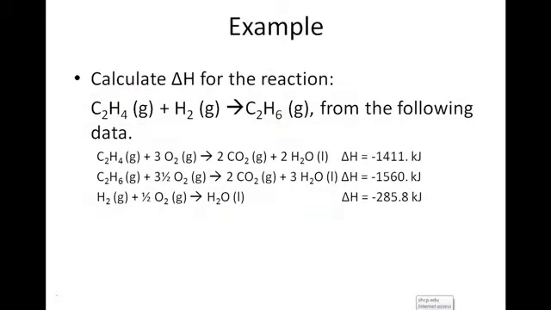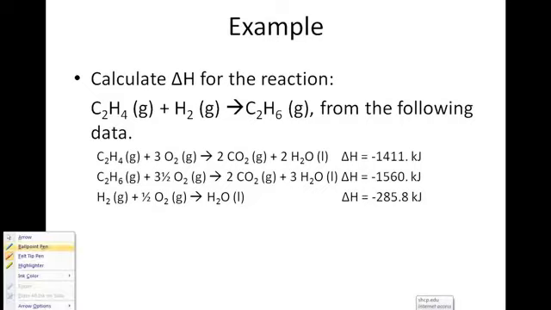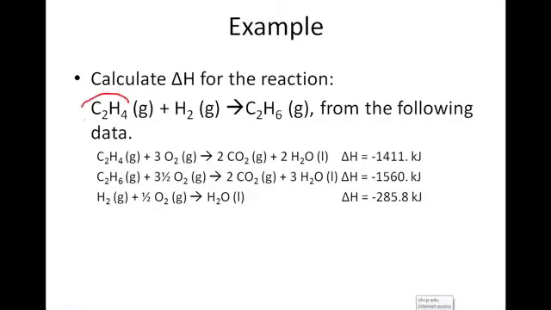Okay, so we want to see that we have a CH4 on the reactant side, and I see that I have a CH4 on the reactant side. So I'm good with this equation.